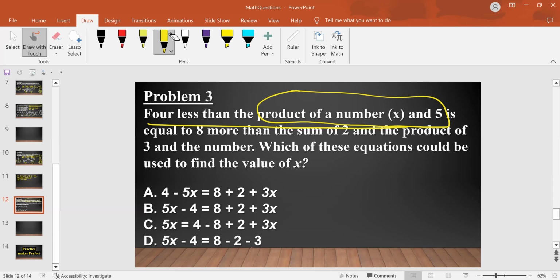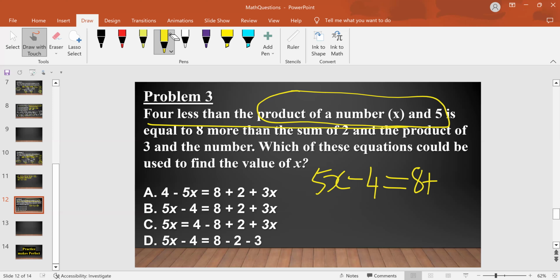That means we will have 5x, which is a number multiplied by 5, and this time minus 4. So that's the meaning of 4 less than the product of a number x and 5. And they say is equal to, so that's this symbol in math, is equal to 8 more than the sum.